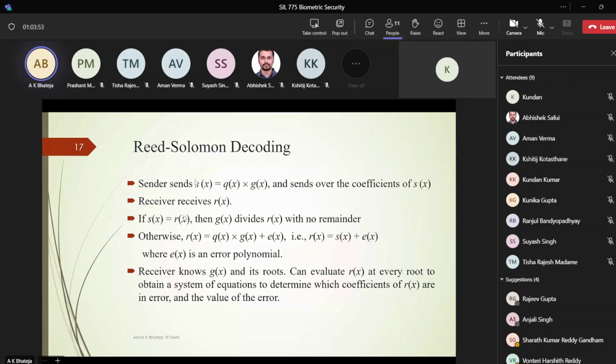The receiver can evaluate R(x) at every root to obtain a system of equations to determine which coefficients of R(x) are in error and the value of the error. So our aim here is to find out where the error has occurred, in which symbol, and what the value of that is, so the error can be removed.